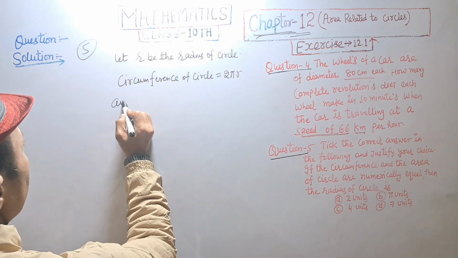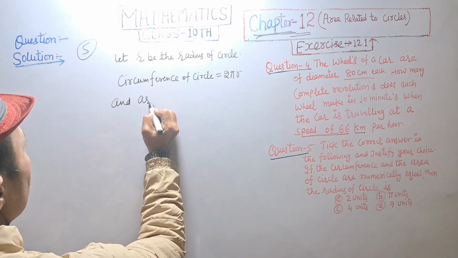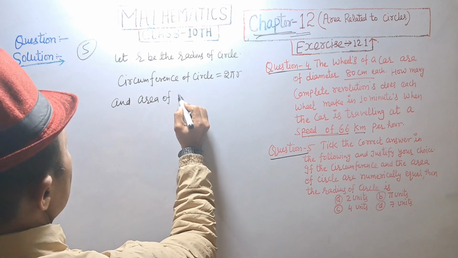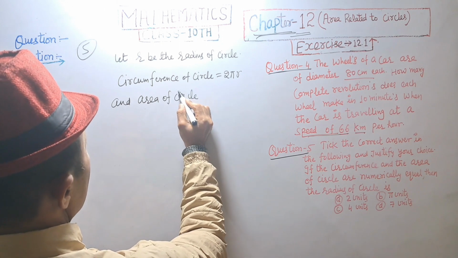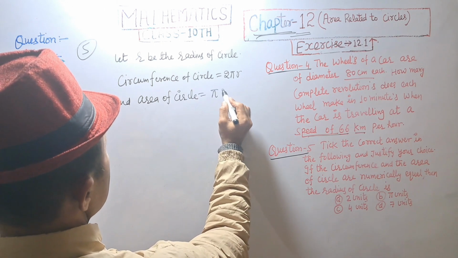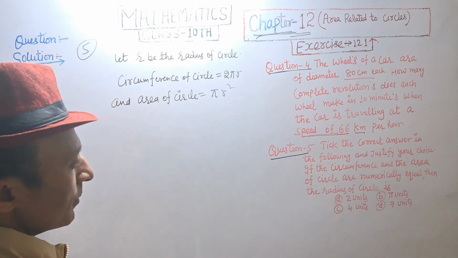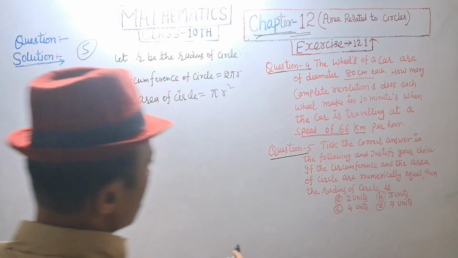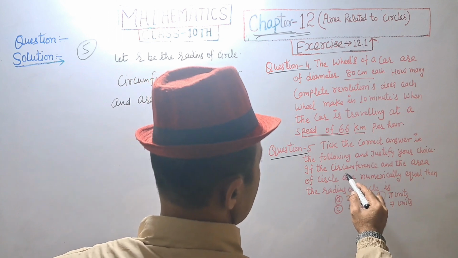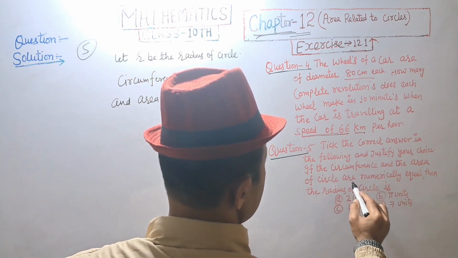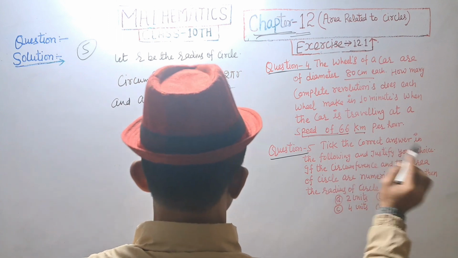and area of circle is equal to pi r square. Circumference and the area of circle are numerically equal.